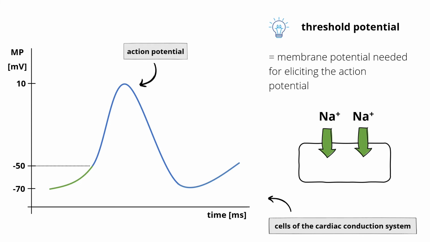So these minus 50 millivolts are considered the threshold potential. If we had stopped at, let's say, minus 40 millivolts, the threshold potential wouldn't have been reached and nothing would have happened.